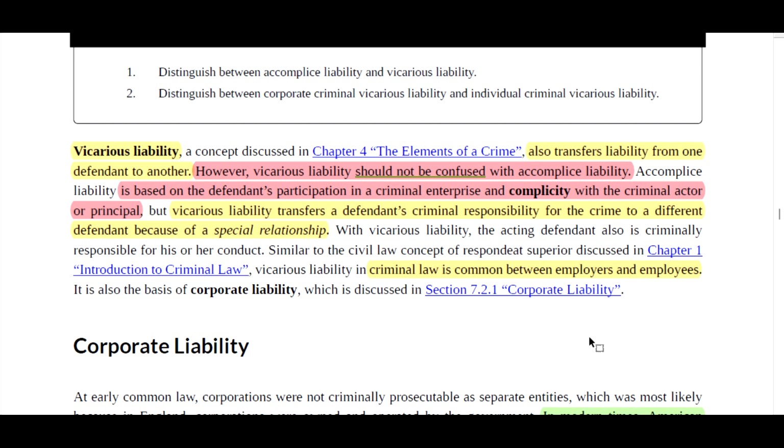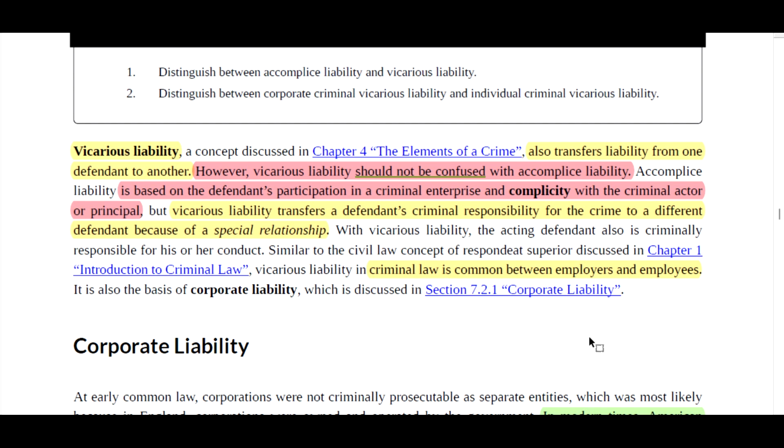And this is where we get into that employer, employee, parent kind of area. So in Chapter 1, one of the things when this first came up, vicarious liability in criminal law is common in employer-employee situations. It's also the basis of corporate liability, which we're going to talk about.